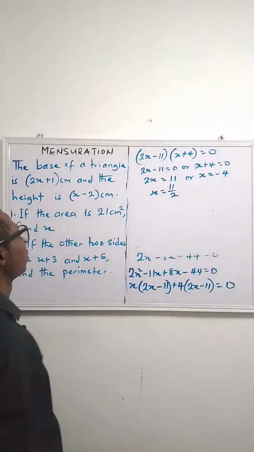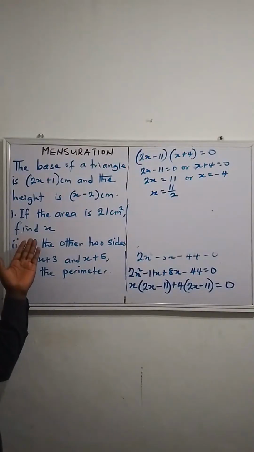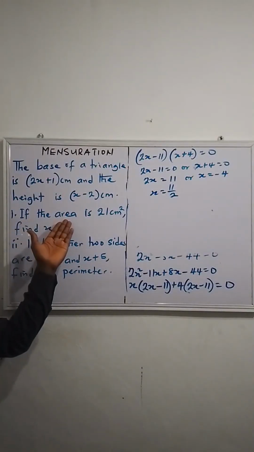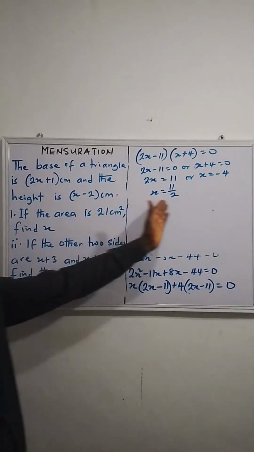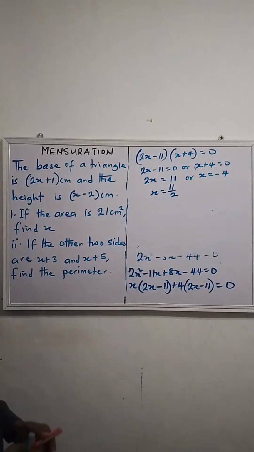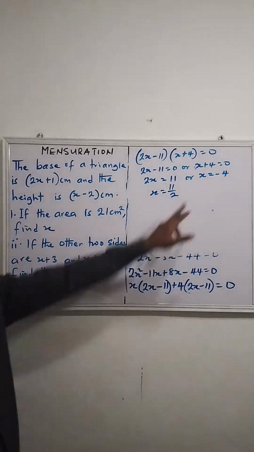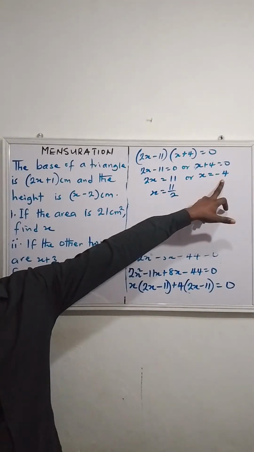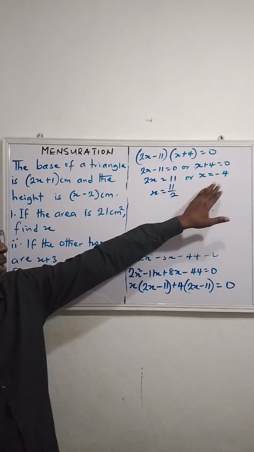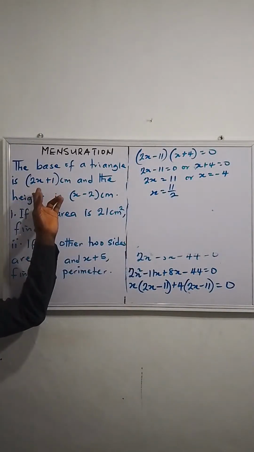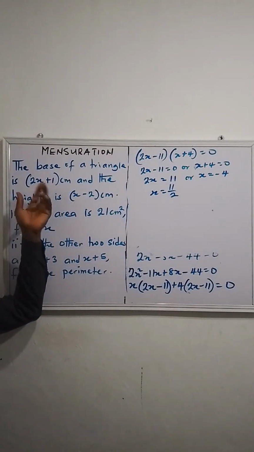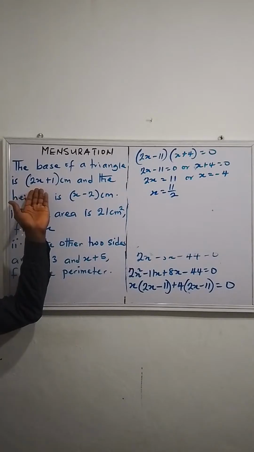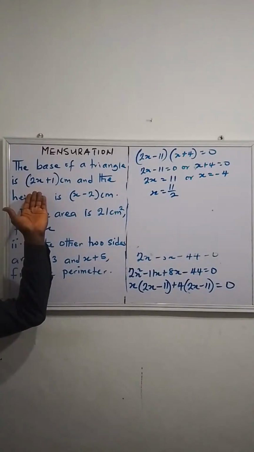All right, so this is what the question wants you to get. Find x, if the area is 21 centimeters. So we have gotten values of x. But this value of x will not be valid. You know why? When you incorporate this into any of these, it gives the base of the rectangle a negative value, which is not valid.